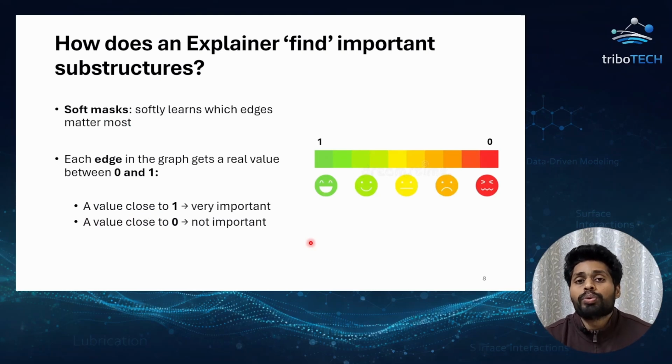Now, an explainer may use a soft mask. What that means is that instead of the values strictly being 1 or 0 for each edge, the values can be any real value between 0 and 1, and that's why it is called soft. A value close to 1 indicates that the edge is very important, and a value close to 0 means it is not important. It is the choice of the explainer whether it wants to use a soft mask or not.